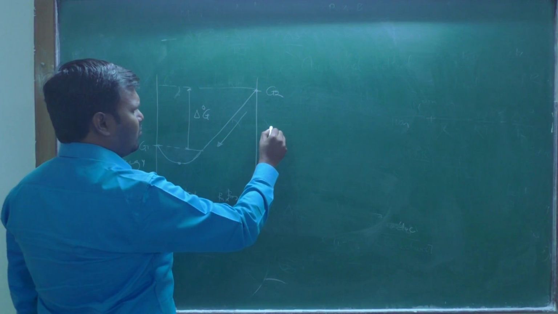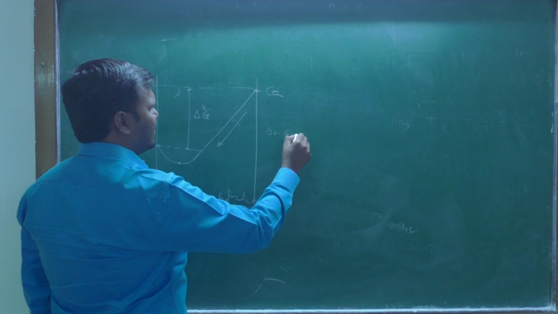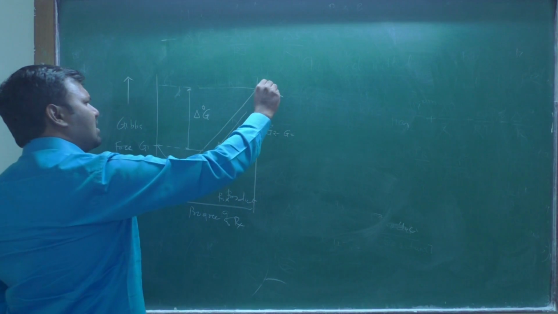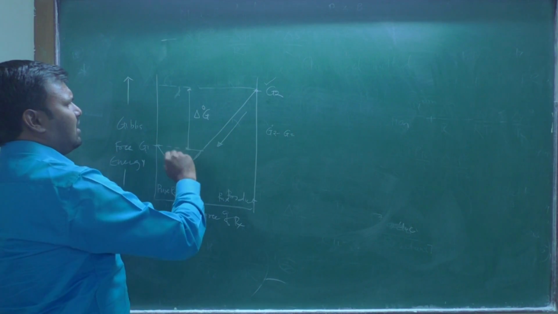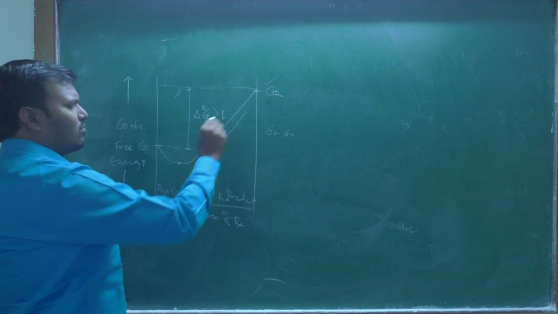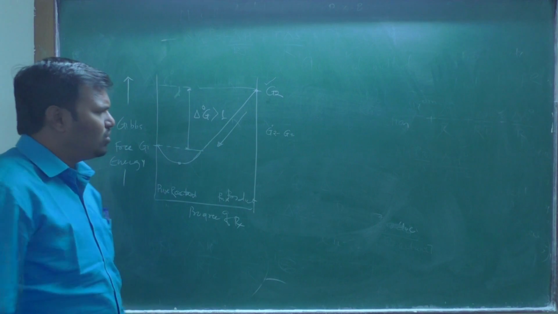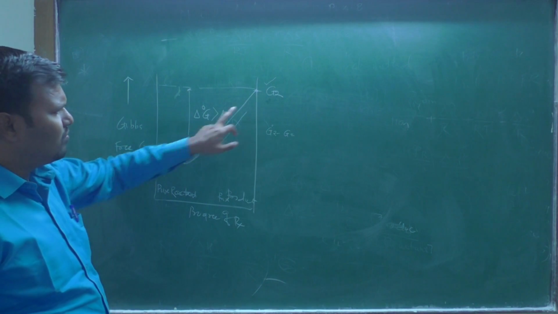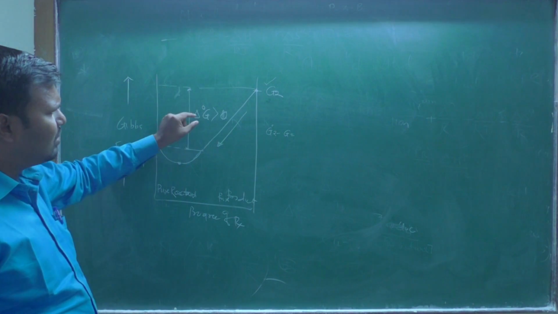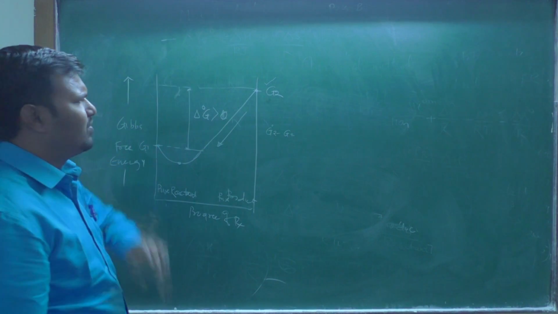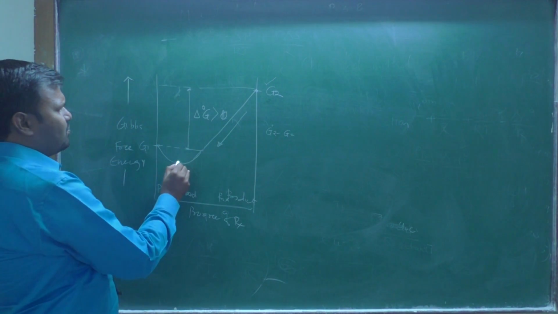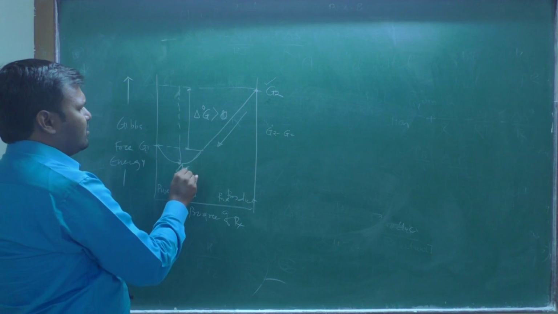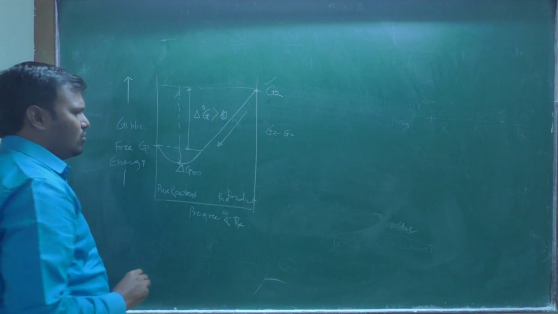When you consider G2 minus G1, G2 is the higher value, therefore delta G naught is more than 0, because the value is higher. At this point there is an equilibrium, and at equilibrium we know that delta G is equal to 0.